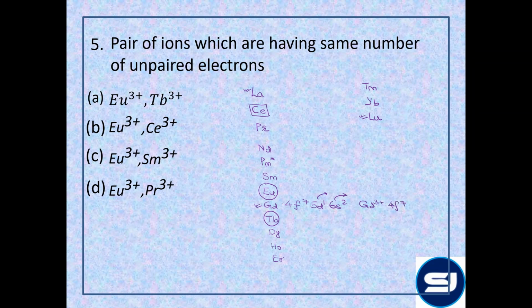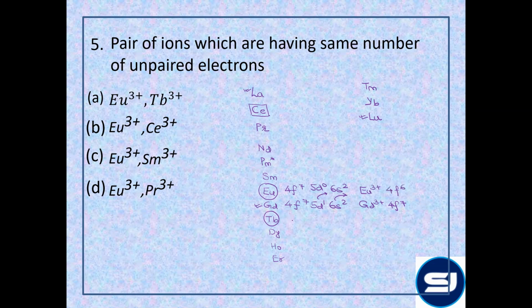अब with reference to that, यूरोपियम में configuration क्या होगा? एक इलेक्ट्रॉन कम. 4f7, 5d0 and 6s2. अब इसमें से 3 इलेक्ट्रॉन निकालोगे तो यूरोपियम 3+ will have 4f6.